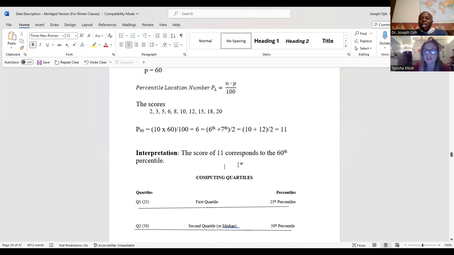If you have 6.1, then it's still the 7th number, or 5.1, 5.2. But if it's a whole number, you have to use that number plus the next number, and their average. If it has a decimal point, round up. If it doesn't have a decimal point, then you have to use that number and the next number.